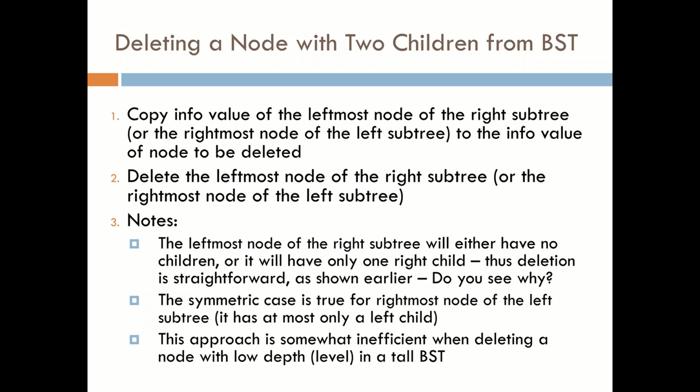Okay, and the approach here is to take a look at either the leftmost node of the right subtree or the rightmost node of the left subtree. We're going to take that value and copy it to the node that's being deleted.